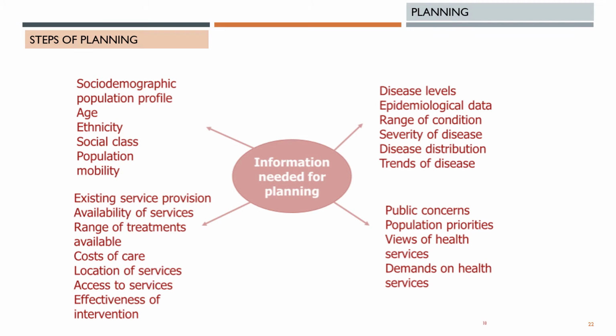And they can be further broken down into the different information that is required. What we want to note here is that we should think of population priorities and also take into account the views of health services and the demands and the public concerns.